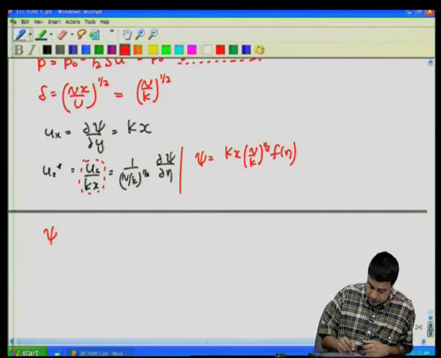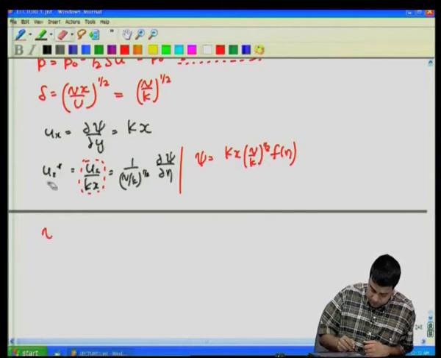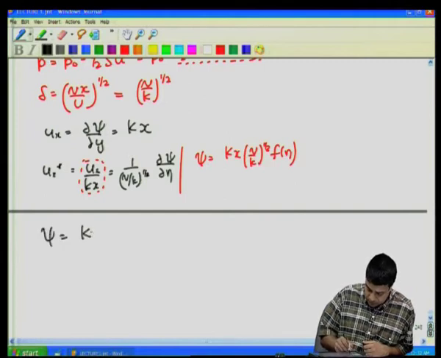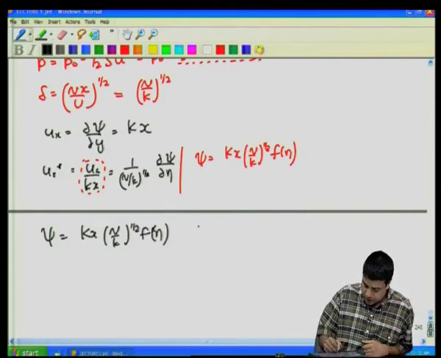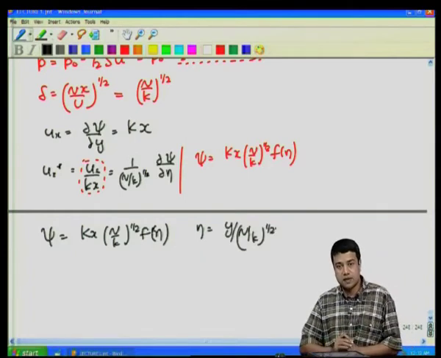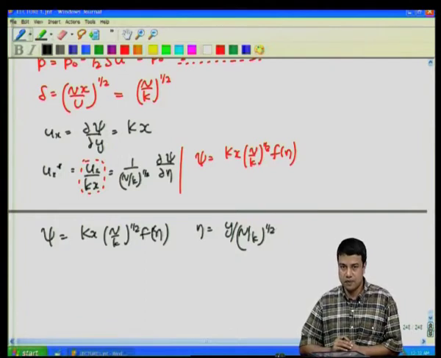So, we write it again here: psi is equal to k x nu by k power half times f of eta, where eta is equal to y by nu by k power half. Note that k itself has dimensions of inverse time, and therefore, nu by k power half has dimensions of length.